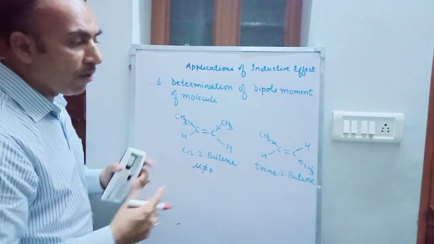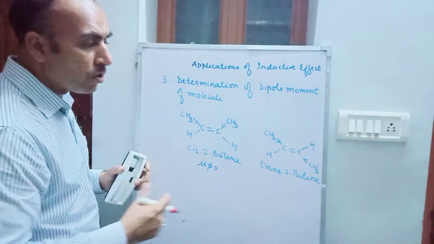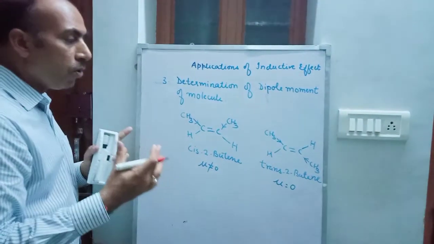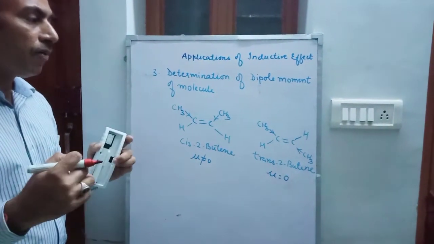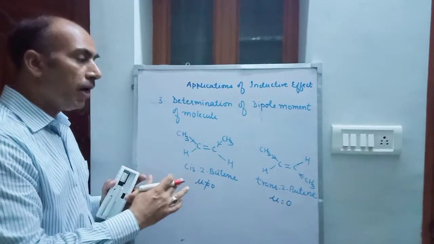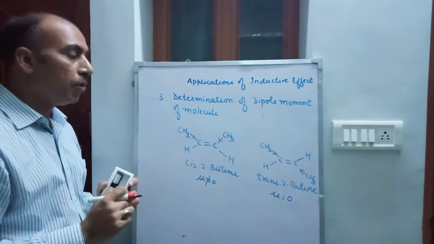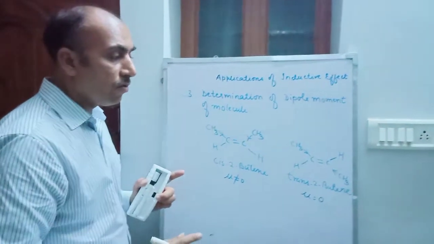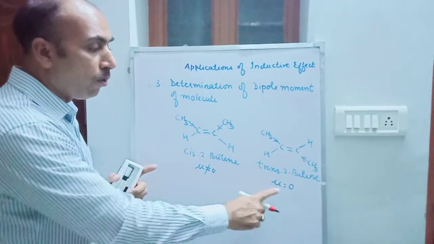The two plus I effects are on the opposite side, so the dipole moment becomes 0. So in this way, more is the plus I effect exerted in one direction, the molecule becomes polar and there will be some dipole moment in the molecule. And if it is counteracted by the two opposite effects from the opposite sides, then the dipole moment becomes 0.